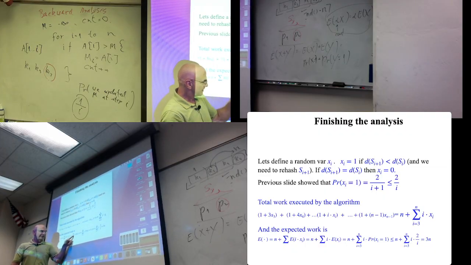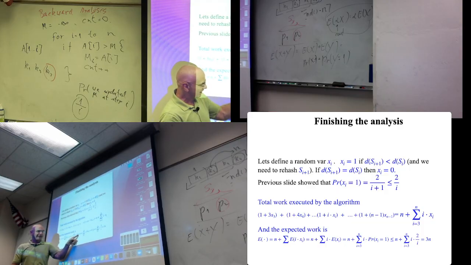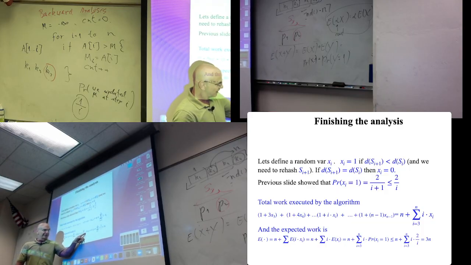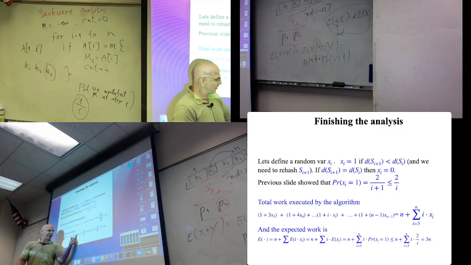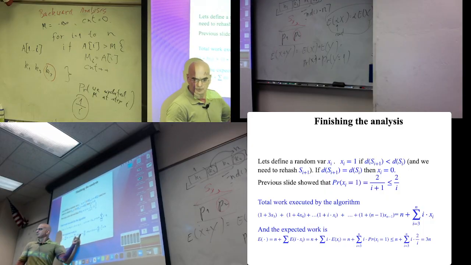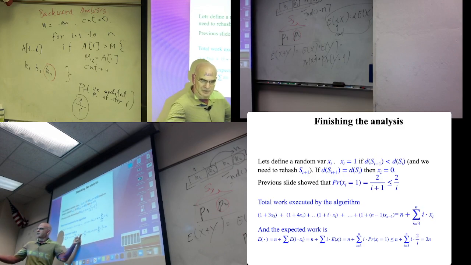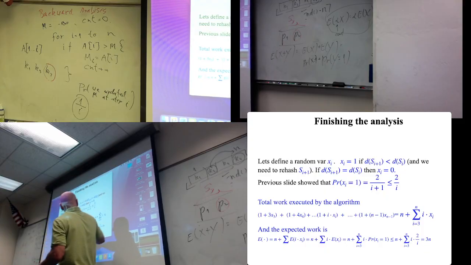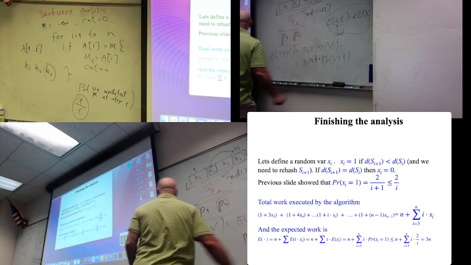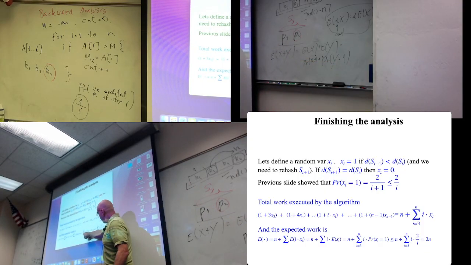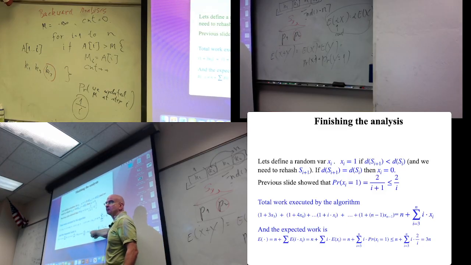So it's plus sigma of i times E of xi, which is n plus sigma of i times, what is E of xi? Xi is Boolean. We just said flag, yes or no. Expected value of a variable is the sum of all its values times the probability that it happens, which in this case is just the probability that it's 1. So i times the probability that xi equals 1.